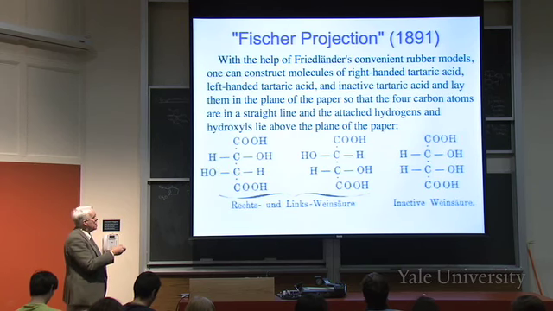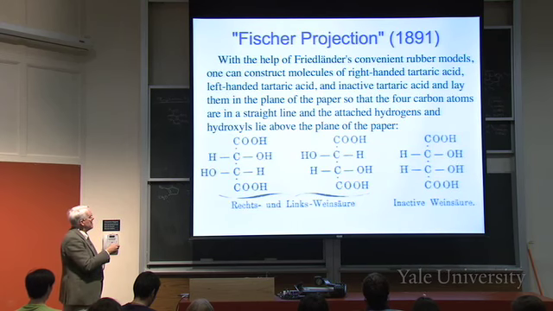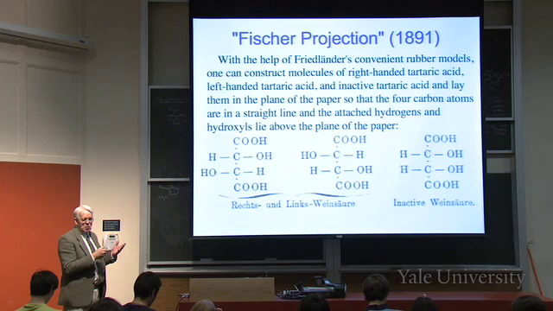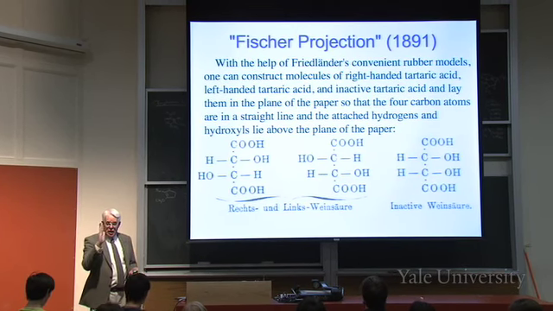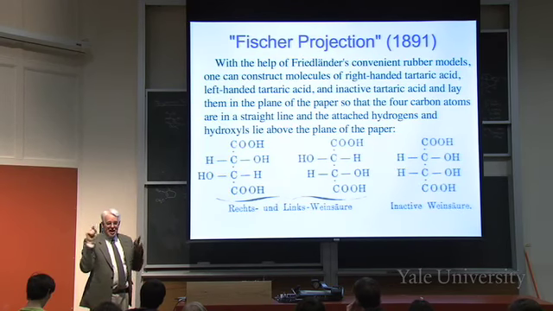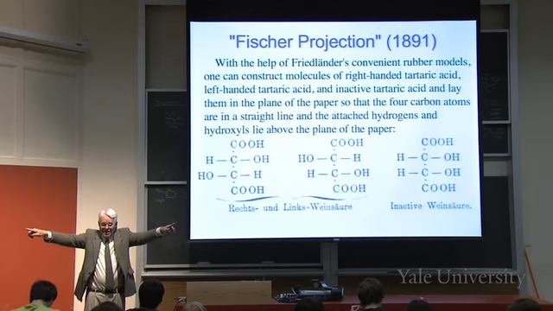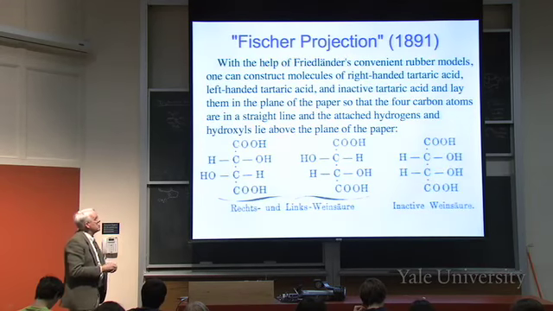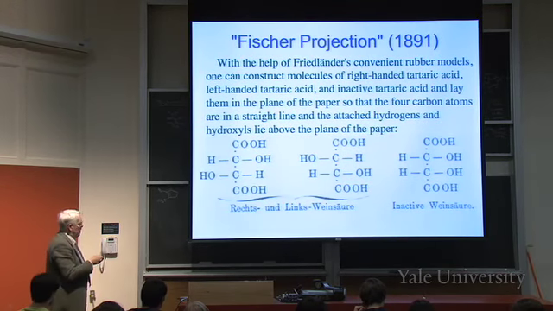Okay? This is his paper where he originally proposed it. Nowadays, you wouldn't use dots here, which help make it clear that it's going back. You just draw lines, but understand that vertical lines mean they're going back into the board, and horizontal lines mean they're coming out at you. Okay, so that's the Fischer convention that he invented in 1891.